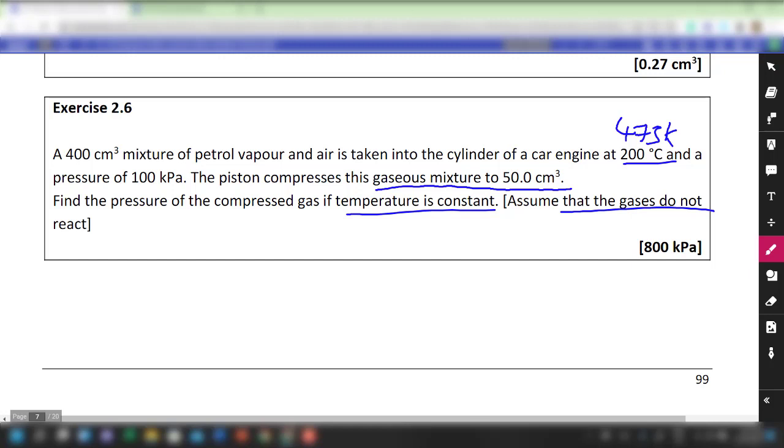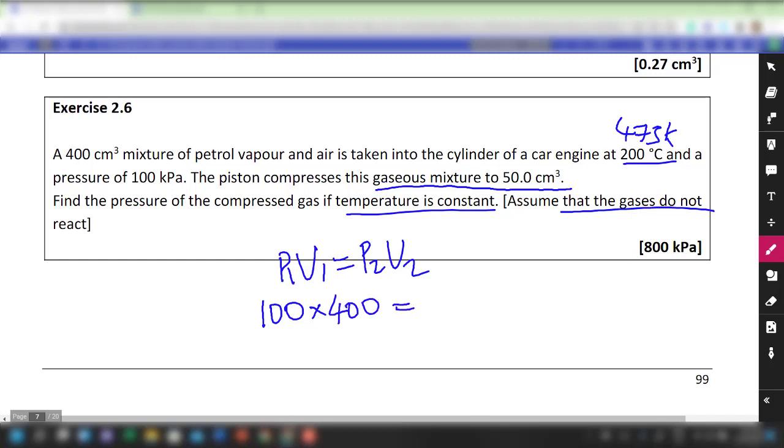In this case, we can simply use P1 V1 is equal to P2 V2. Initially we are looking at 100 kilopascal, so that is 100 in terms of kilopascal, and then we multiply by 400 cubic centimeters of the petrol vapor.